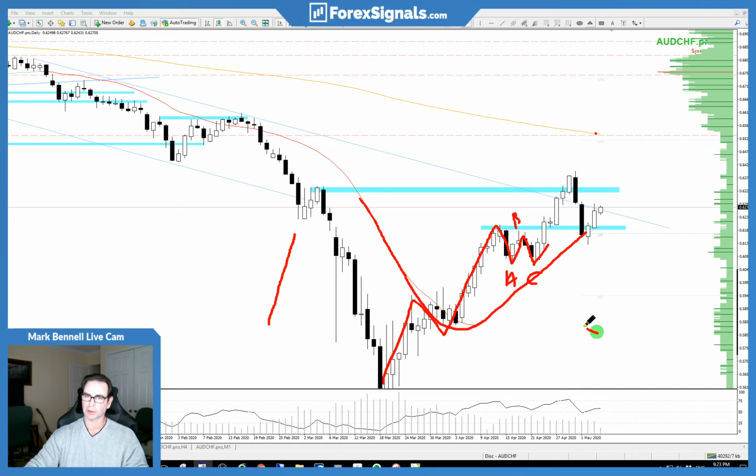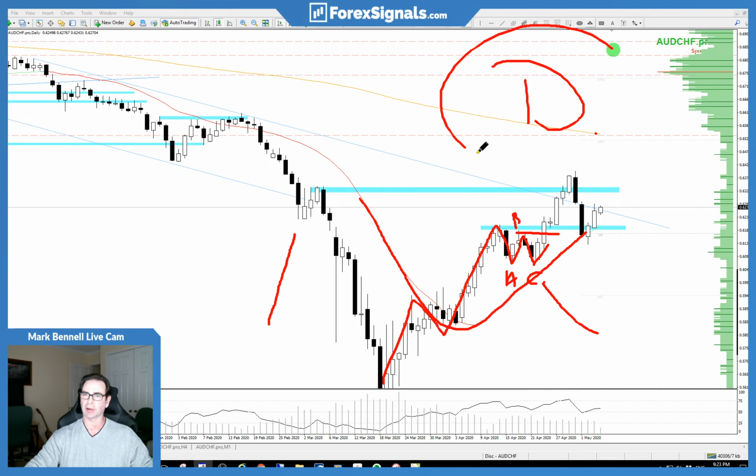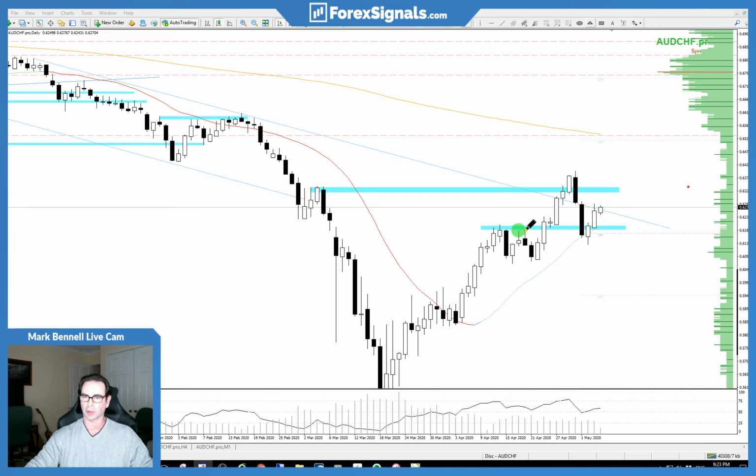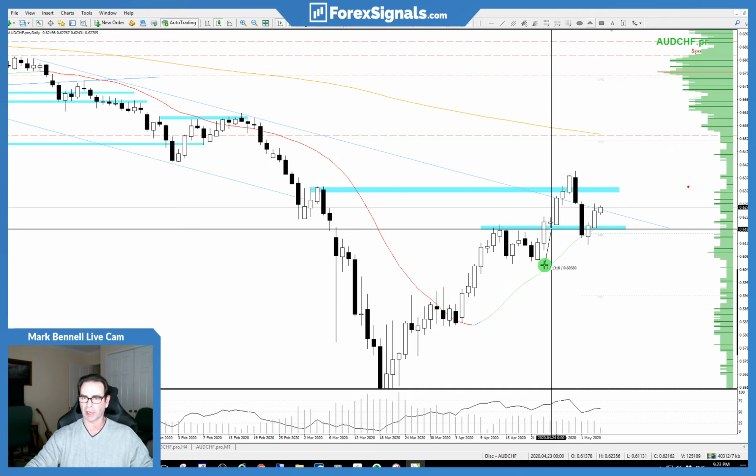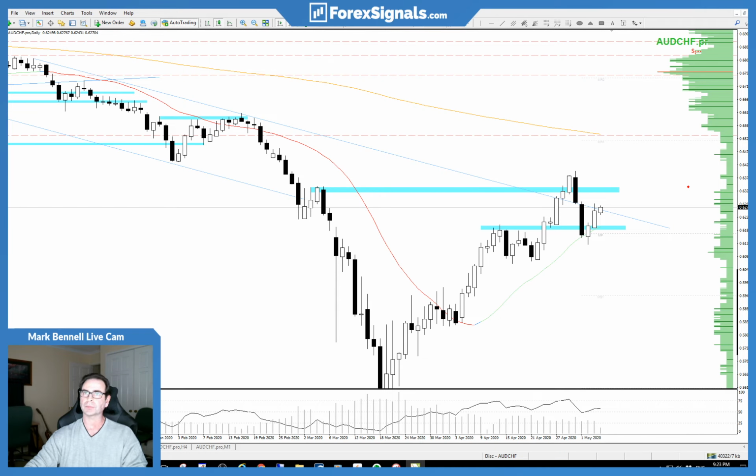Right, so C is at or near the 20 period. Could we take the break through B? We could, but this is the daily chart. Right, so you could, but your stop would be all the way down here. So about 140 pips, it's pretty big.